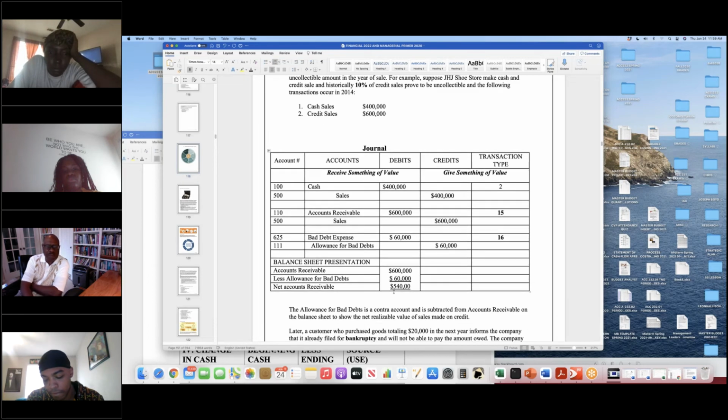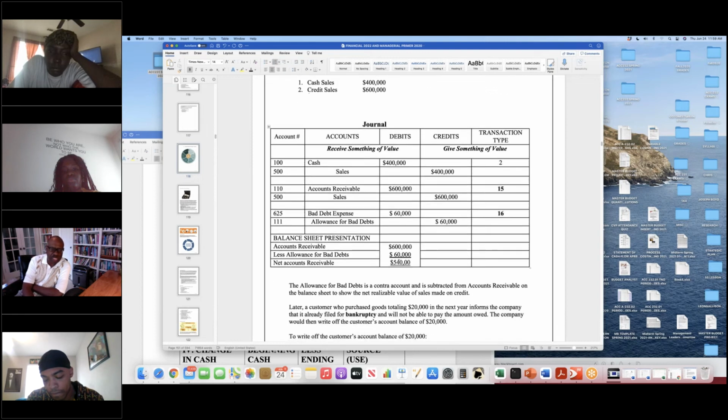And so when I do my balance sheet presentation, it's accounts receivable less the allowance, and my net receivables is $540,000. Are there any questions? Because you have this on the study problem, those of you who have the extended study problem. Are there any questions on how we do this?